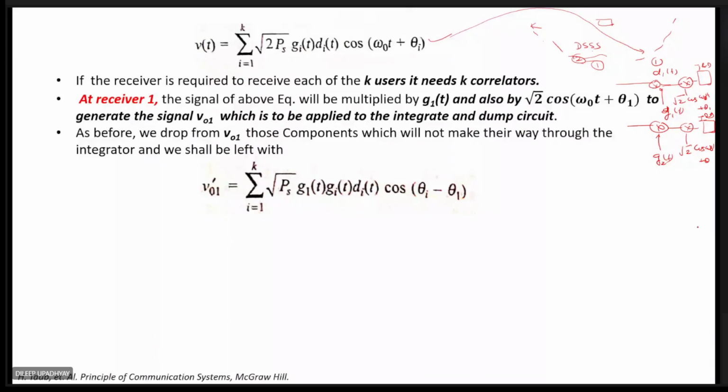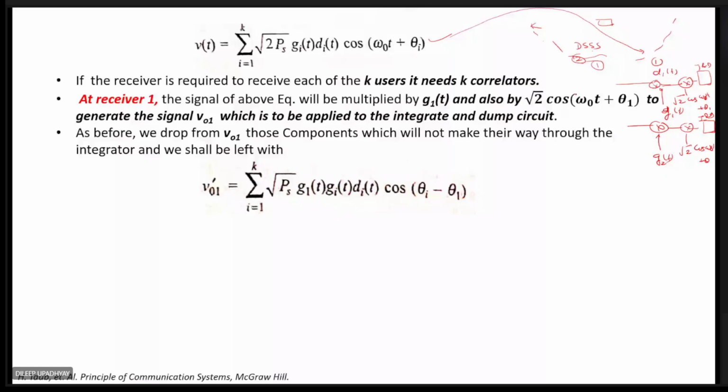Depending upon that, if the signal is coming from transmitter 2 and the receiver wants to receive the signals from transmitter 2, then it needs to multiply it by g2(t). So here, suppose receiver 1 wants to receive the signals from transmitter 1.